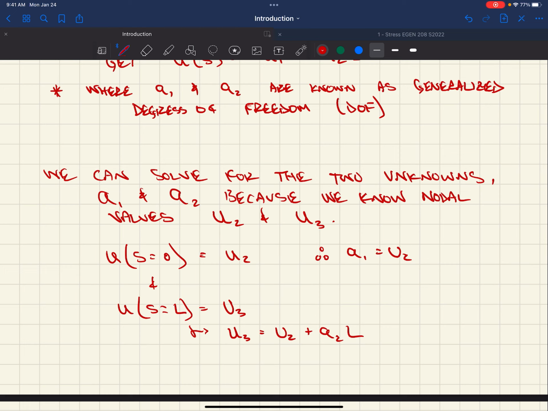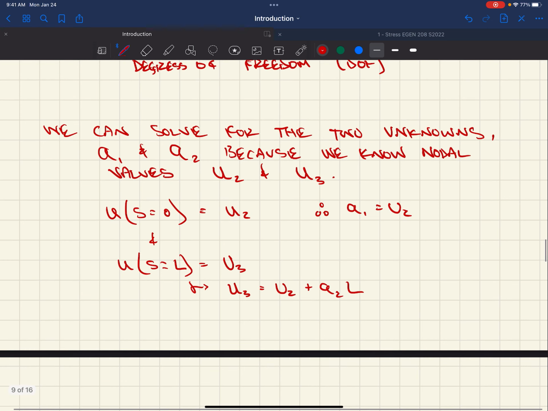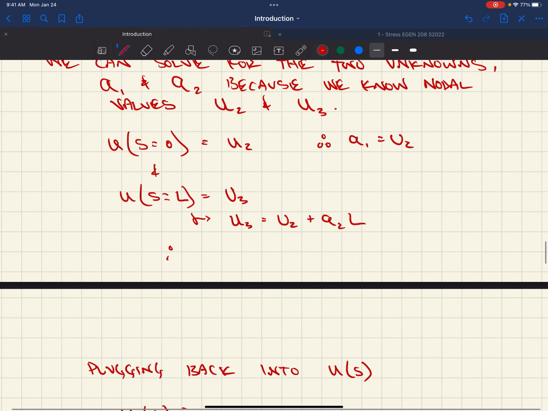We now get this equation based on knowing that the displacement when S equals L is U3. So based on that, we can algebraically calculate that A2 equals U3 minus U2 over L.